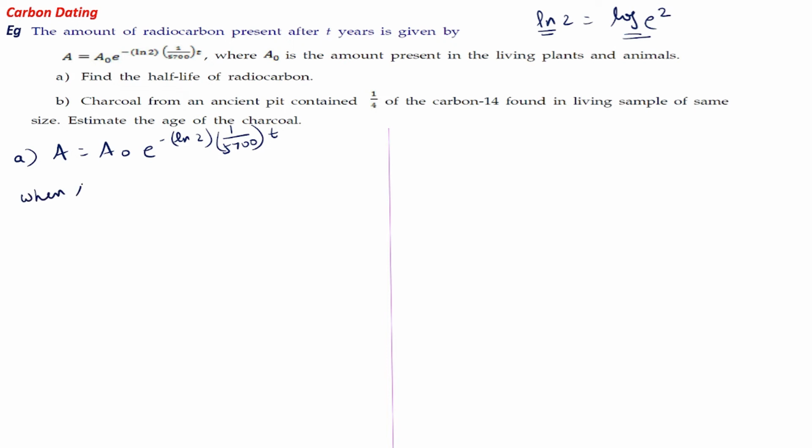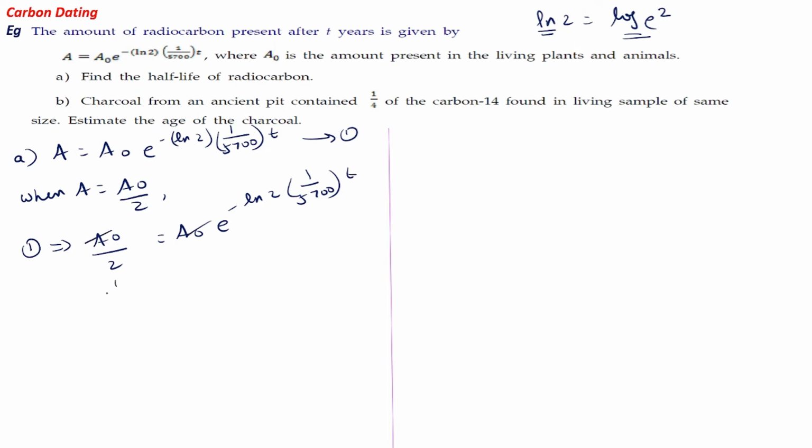So when A equals A naught by 2, then from 1, A naught by 2 equals A naught into e raised to minus ln 2 into 1 by 5700 t. So these two will go. So we have half is equal to e raised to minus ln 2 into 1 by 5700 t.